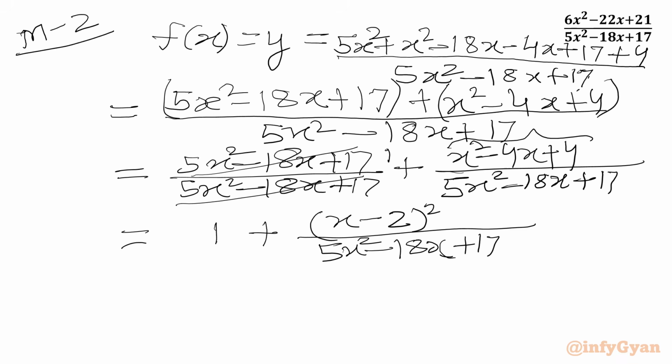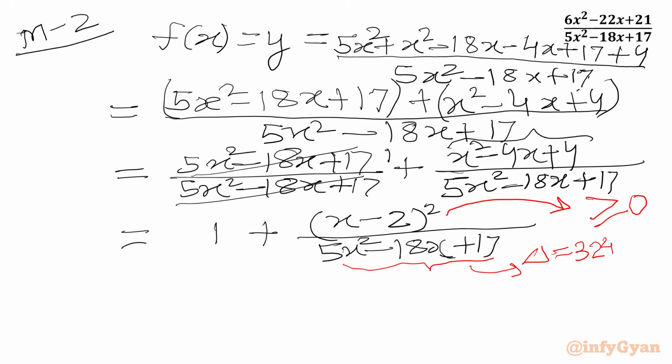plus 17. Now a square must be greater than or equal to 0. This is always non-negative. Now we will check the discriminant of the denominator. The discriminant would be b square, 18 square is 324, minus 4ac, 4 times 5 times 17, which is 340, so it comes out to minus 16.